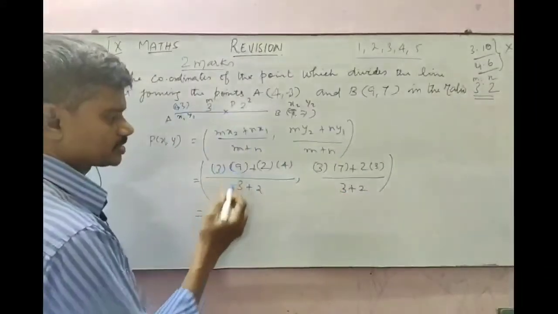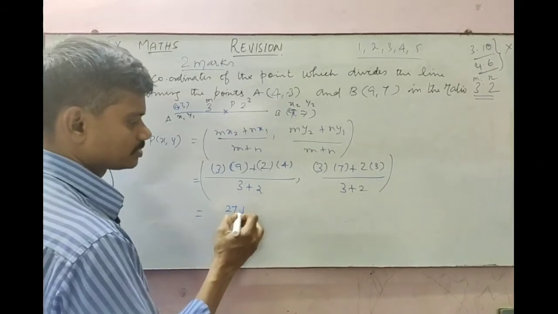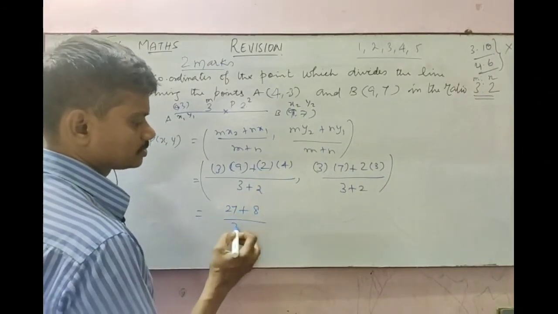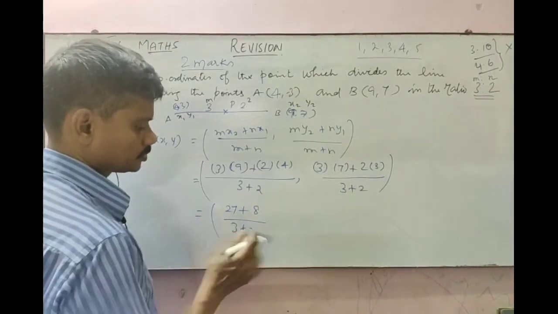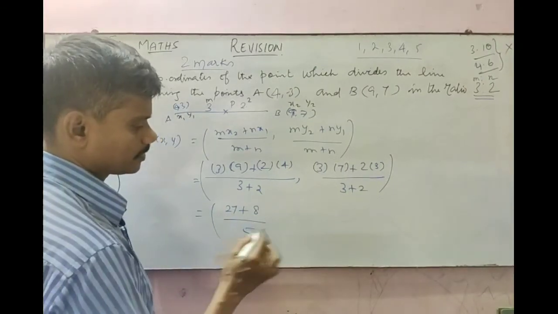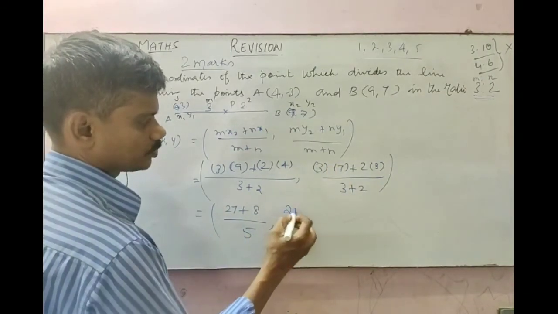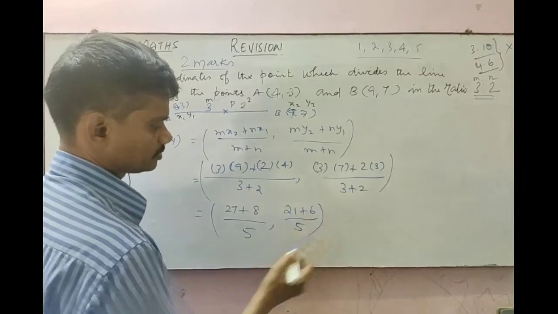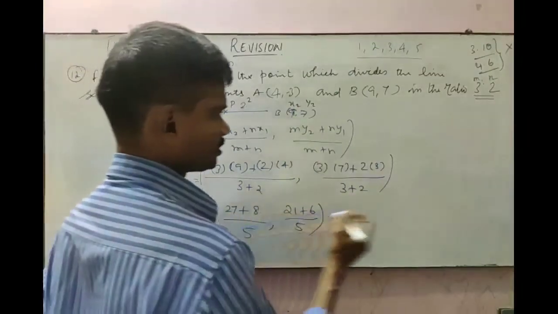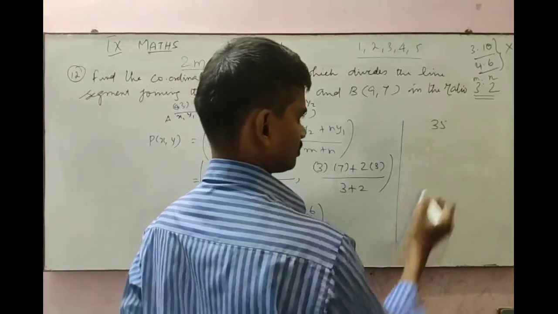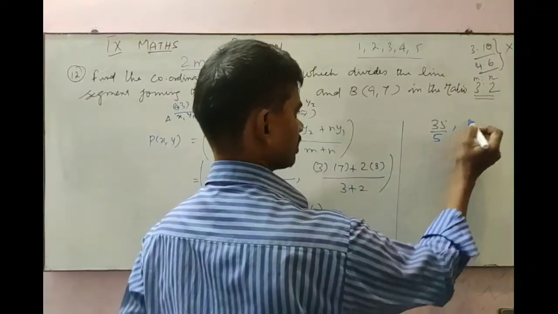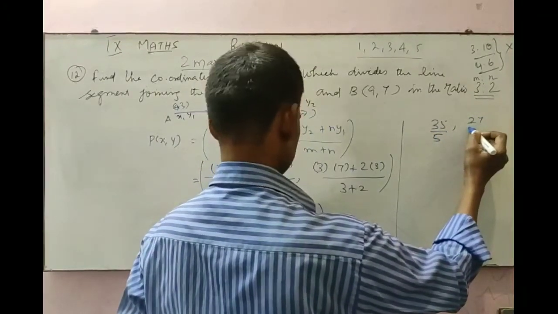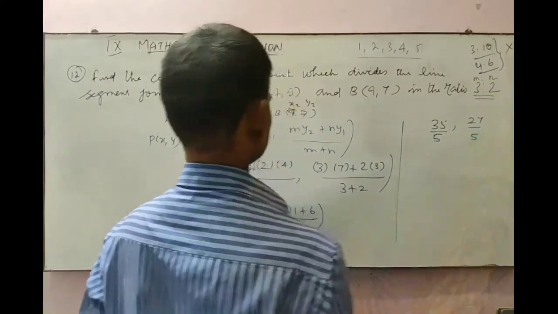If you simplify this, 3 nines are 27. 2 into 4 gives 8. 3 plus 2 is 5 here. 3 sevens are 21 plus 6 by 5. 27 plus 8 gives 35 by 5.